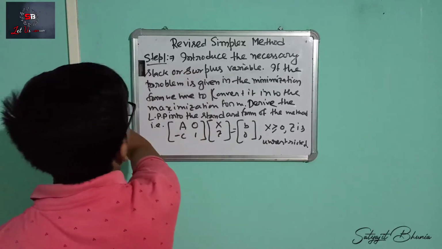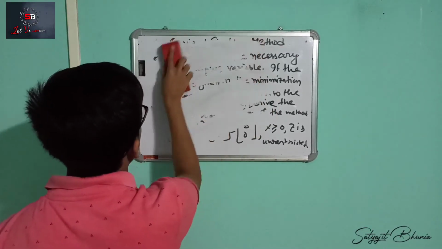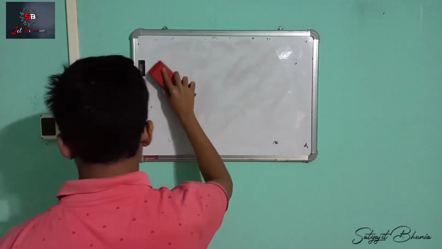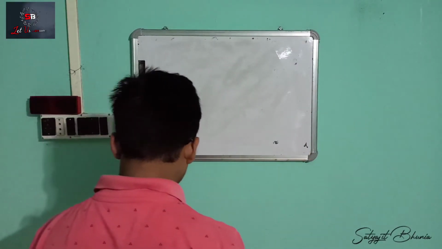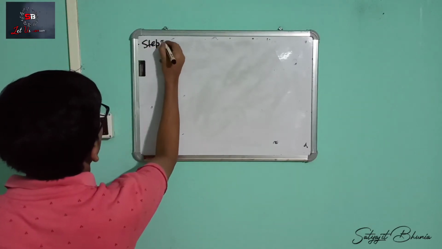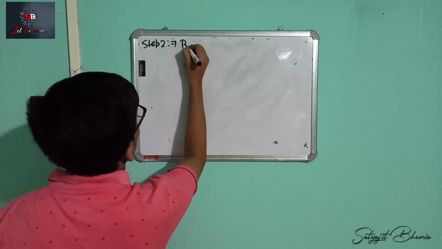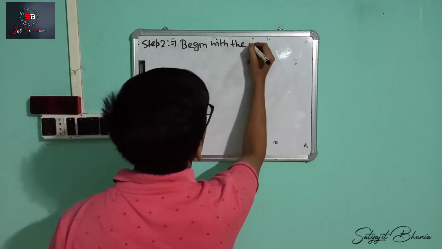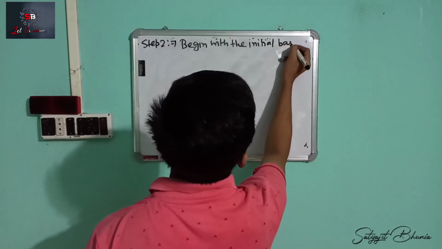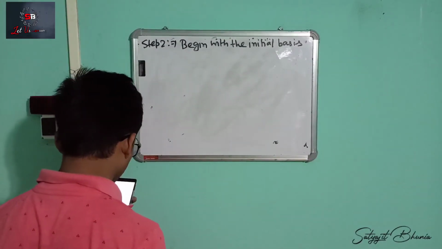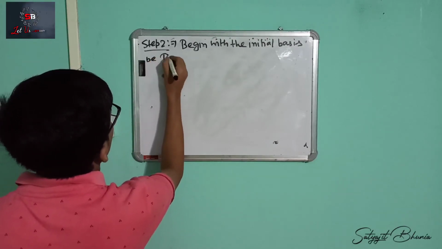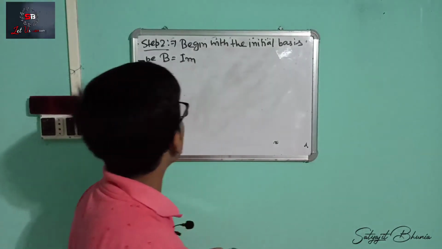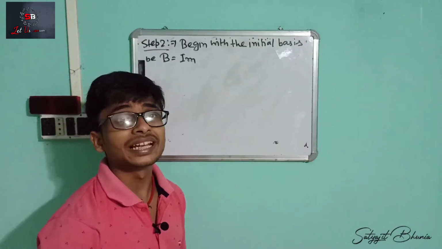Okay, now step 2. Step 2: begin with the initial basis, capital B is equal to the identity matrix I_m of order m.